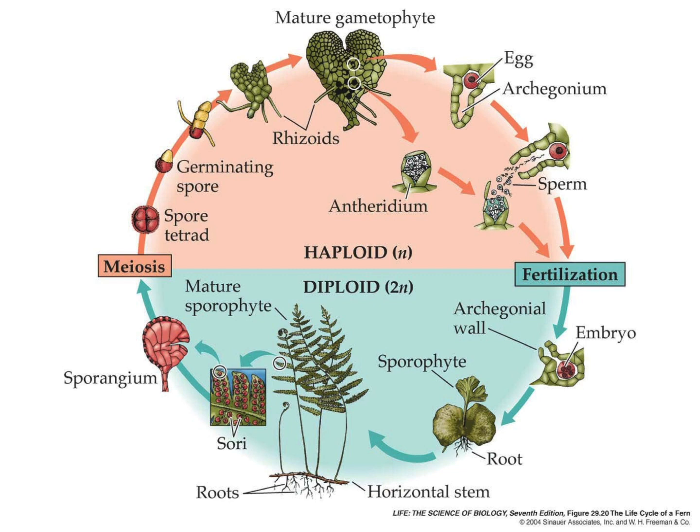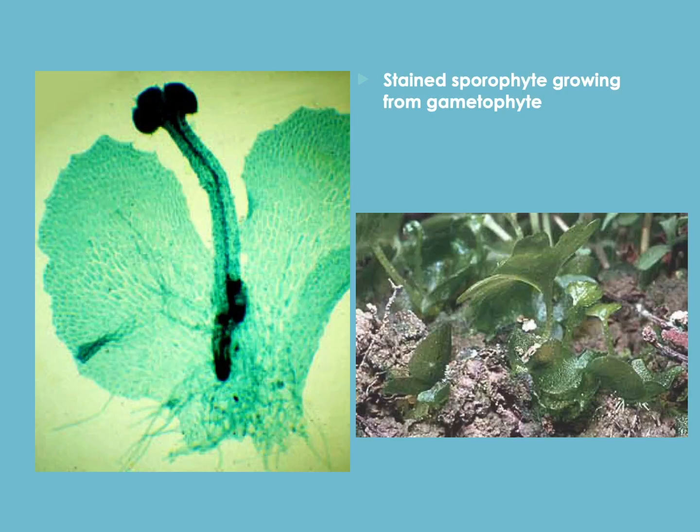The gametophyte generation is smaller than the sporophyte, but is equally important because it is where fertilization takes place. Usually, when water is present, the sperm in the antheridia swim to the egg in the archegonia.